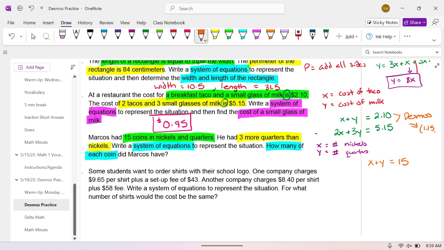Now, our other piece of required information states that we have 3 more quarters than nickels. So if we're talking about 3 more quarters than nickels, how do we write the number of quarters in terms of nickels? So which variable represents our quarters? So Y equals what?